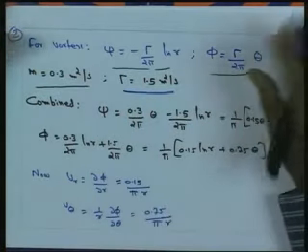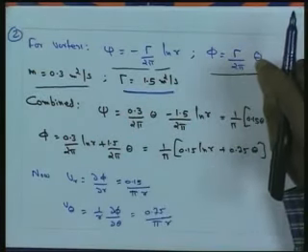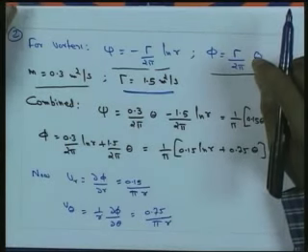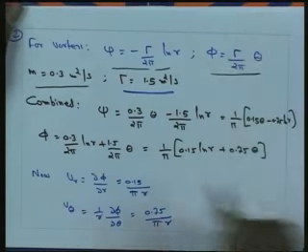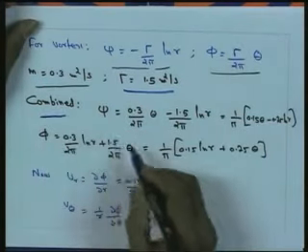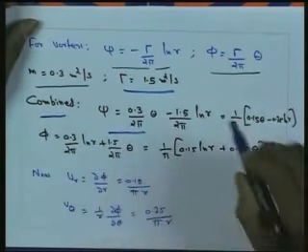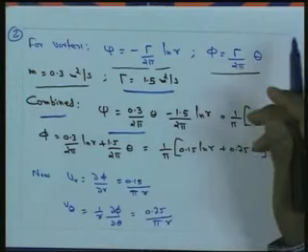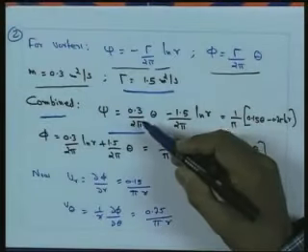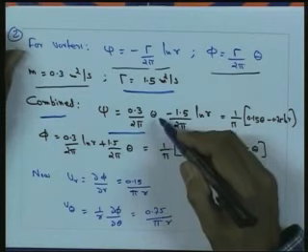Now as per our superposition theory, since we are dealing here with a source and a vortex, we will use the combined equation. The combined equation for the stream function will be psi is equal to m by 2 pi theta, so m is equal to 0.3 by 2 pi into theta.